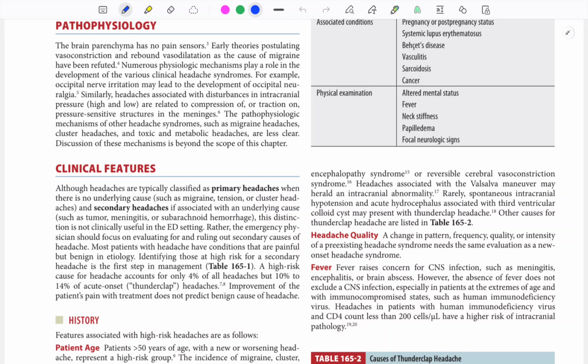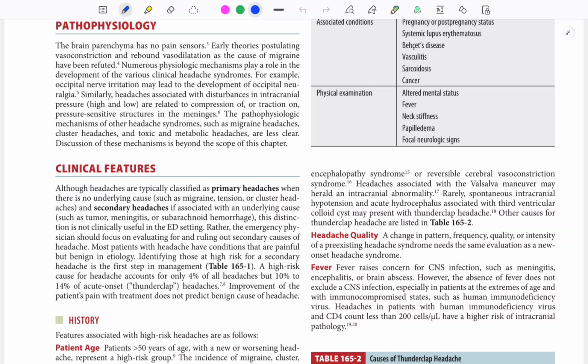Although this distinction is not useful in the ED, whenever a patient with headache comes, we should ask leading questions to rule out secondary causes of headache. Most patients with headache have conditions that are painful but benign.